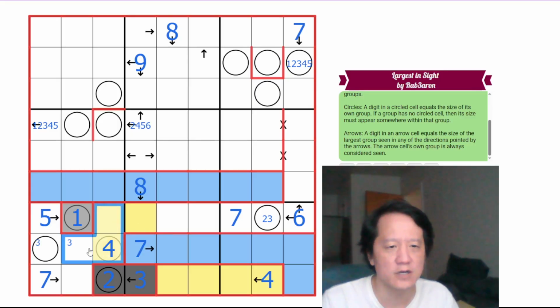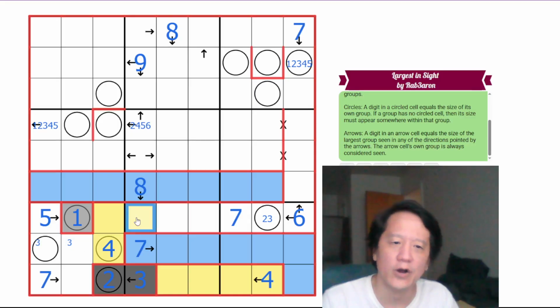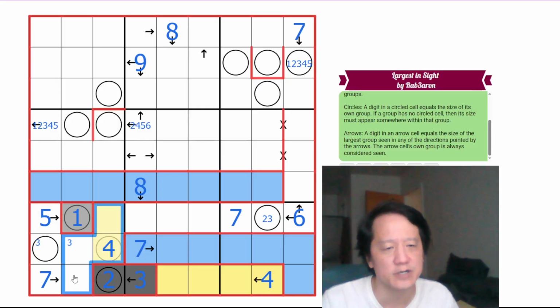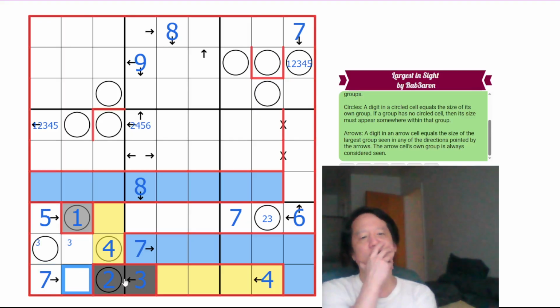So this is size 4. Oh, it doesn't have to go here. It could be 4. Oh, no, it can't go all the way down here. What region is this part of? Dang it. We can't have... Ooh, how does that work?